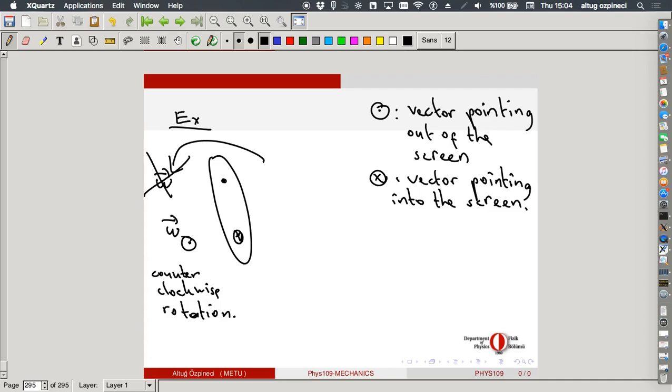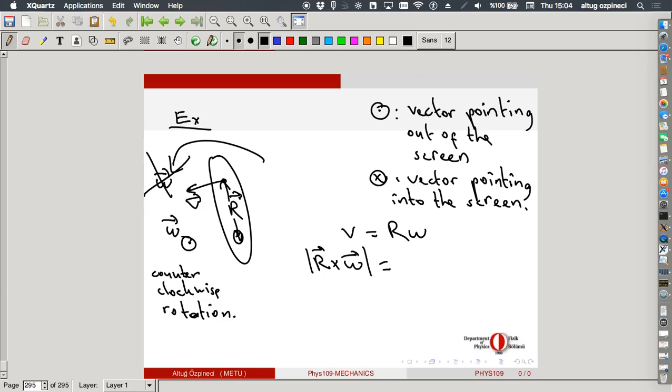Now let's look at this point. We know that it has a linear velocity. This is the linear velocity. Let's say it is at a distance r from the rotation axis. We had already seen that the velocity of this object is equal to r times w. What is the magnitude of r cross w? This r is the position vector. This is my r vector.